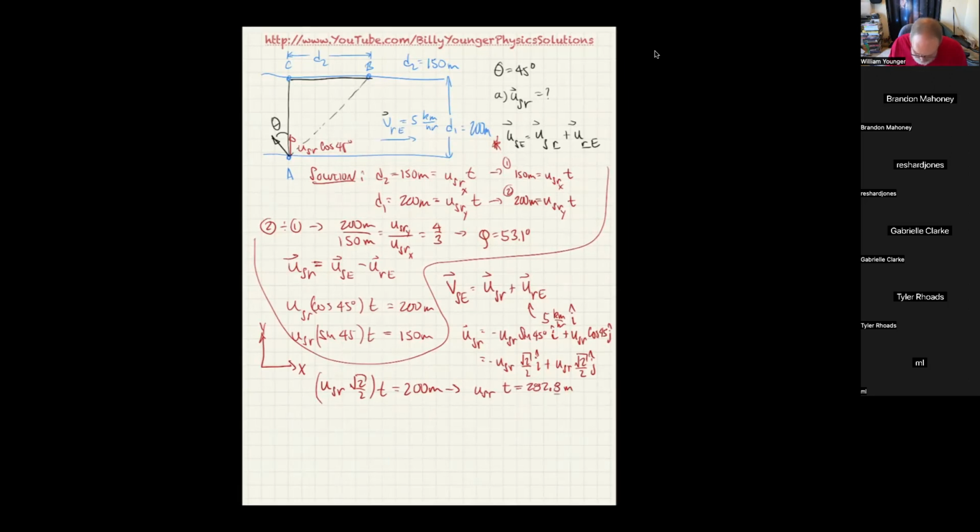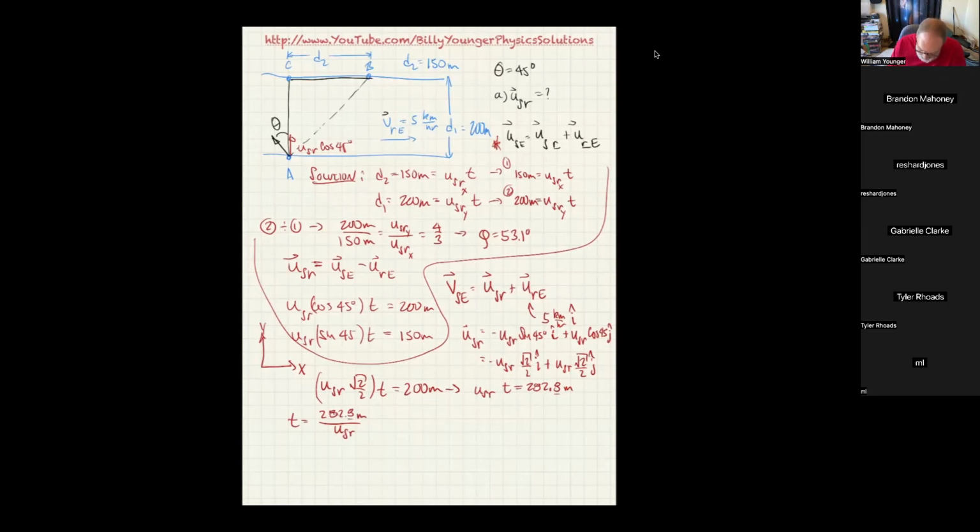Now, that almost gets us there, and we can say T is in fact equal to 282.8 meters divided by U_SR. So that is one unknown that we've gotten a value for.